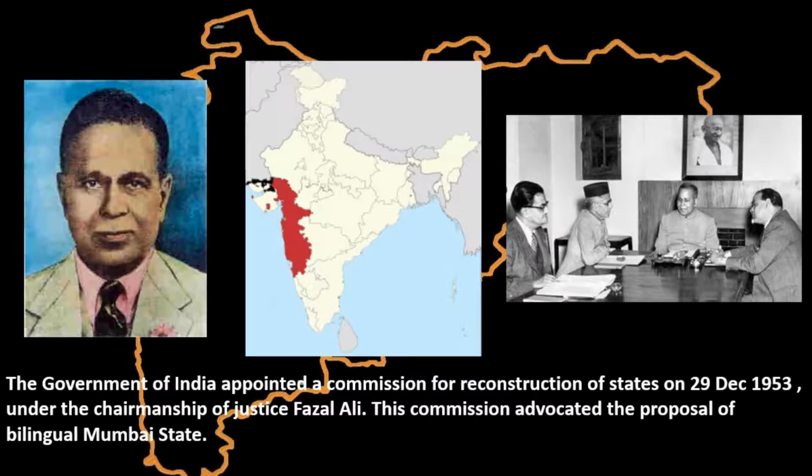The Government of India appointed a Commission for Reconstruction of States on 29th December 1953 under the chairmanship of Justice Fazil Ali. So, this Commission was also known as the Fazil Ali Commission. Now, this commission presented their proposal on 10th October 1955.